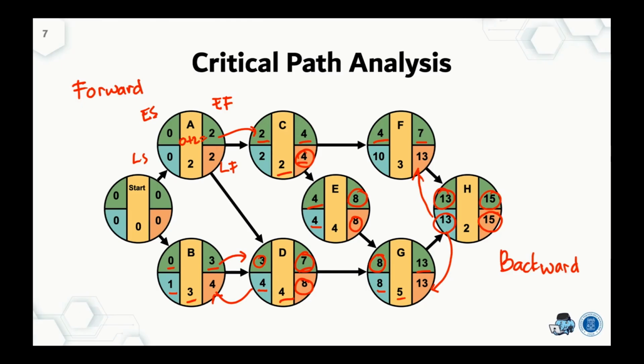Take a look at this case. We have 13 here, 13 minus 3, and it becomes 10 over here. But we have 4 and we have 10.